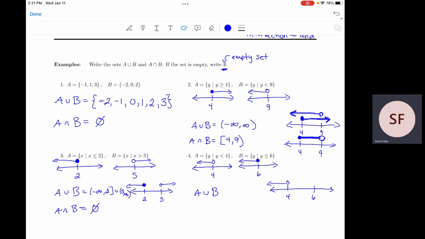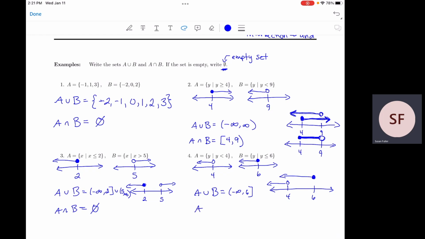So there's set A. Here's set B. So the things covered by at least one of these lines is anything less than or equal to 6. So it's negative infinity up to 6, which is actually the same as the set B. So A union B is equal to the set B. It's the exact same thing.